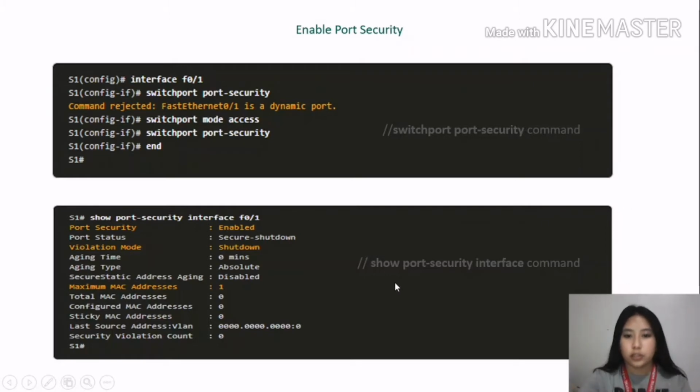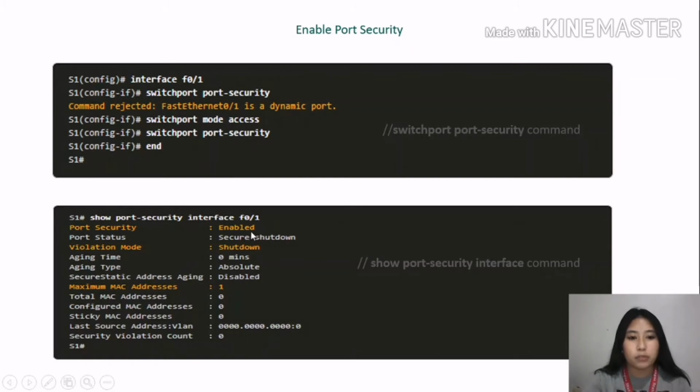Next, the show port-security interface command. Use the show port-security interface command to display the current port security settings for FastEthernet 0/1, as shown in the example. Notice how port security is enabled.